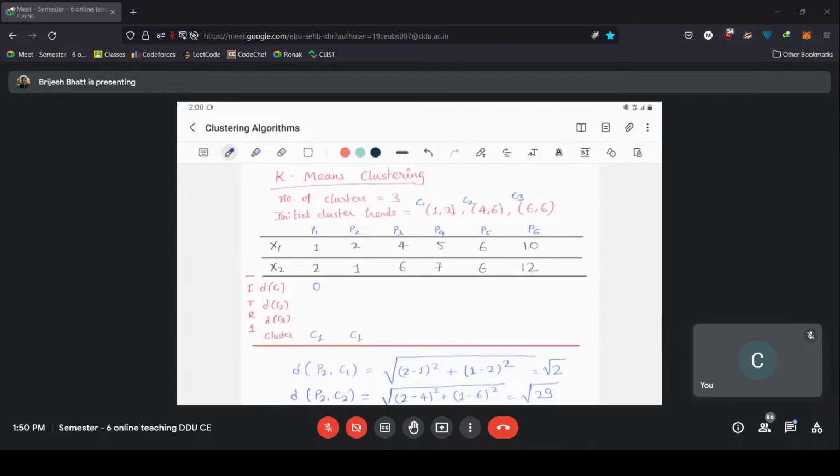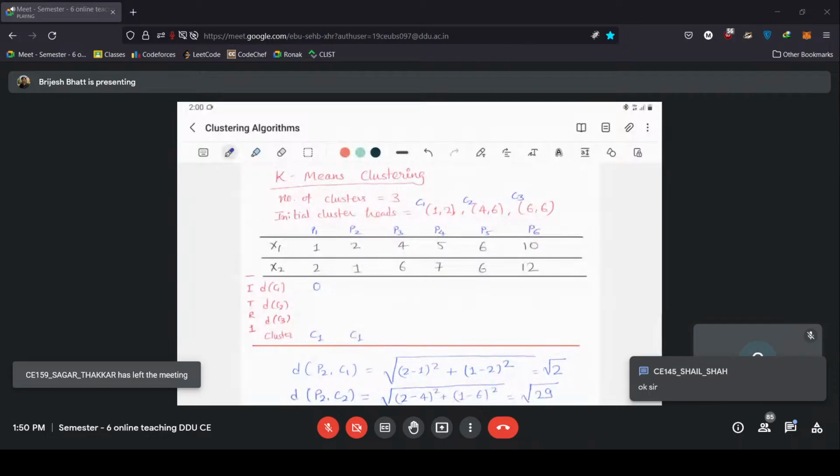So it can go to any one randomly, or you can have a convention that it goes to the lower cluster, the lower index, as a consistent rule. So the C2 index is lower than C3.